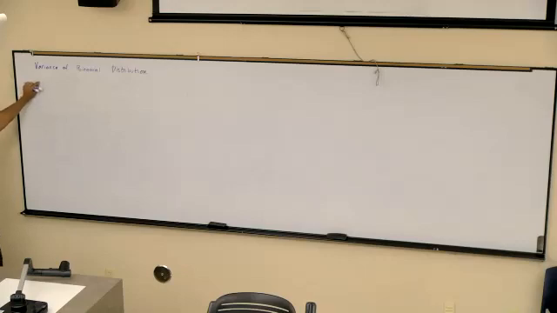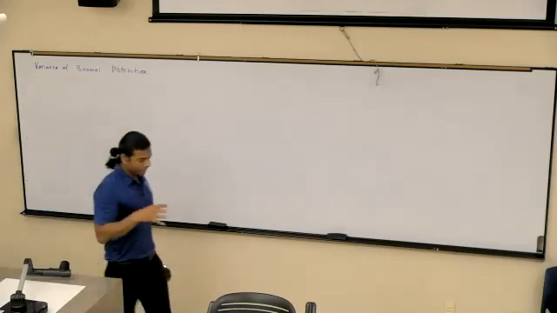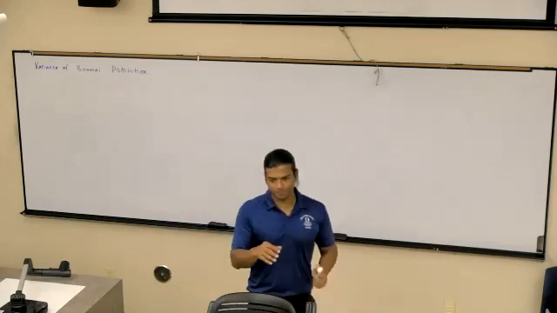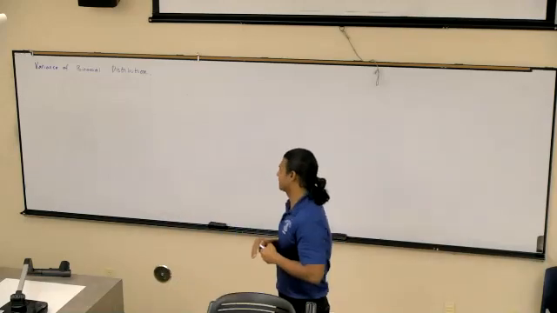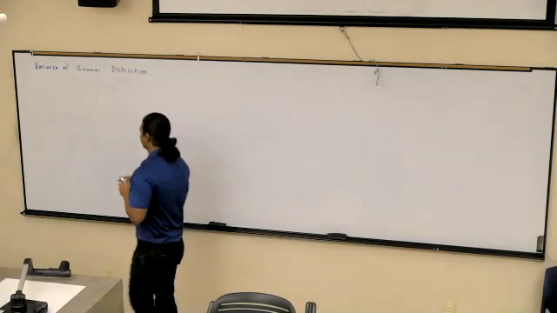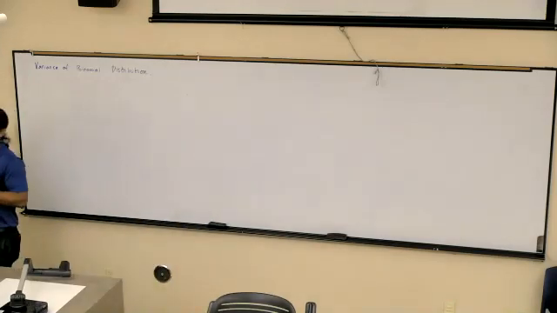We know the mean of a binomial distribution, which is n times p. And we derived it last time using a formula for the distribution and the formula for the expectation. And we finally arrived at n times p, but it took a long time to get there.